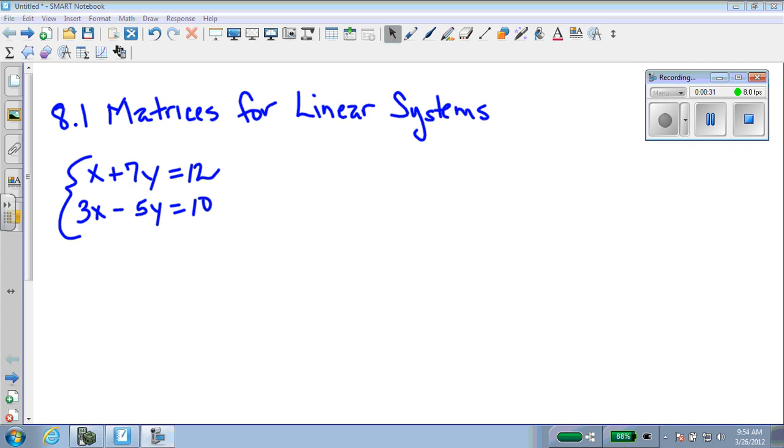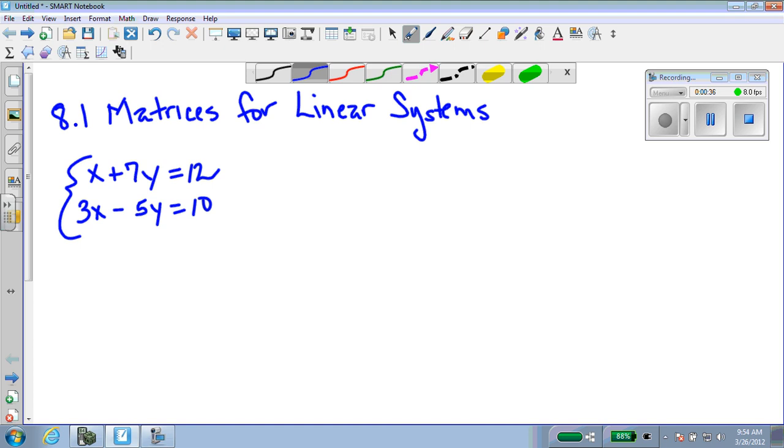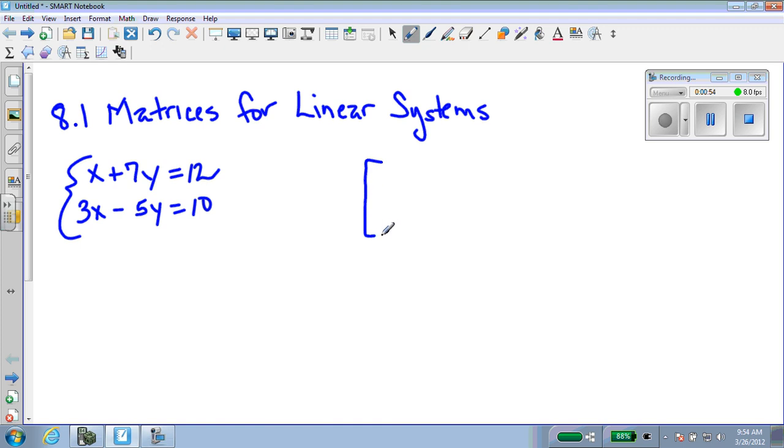In order to solve it using a matrix, we're going to use the Gauss-Jordan reduced row echelon method of using matrices. So we first need to turn this into a matrix. It's actually an augmented matrix, and the left side of the matrix will be the coefficients of our variables.